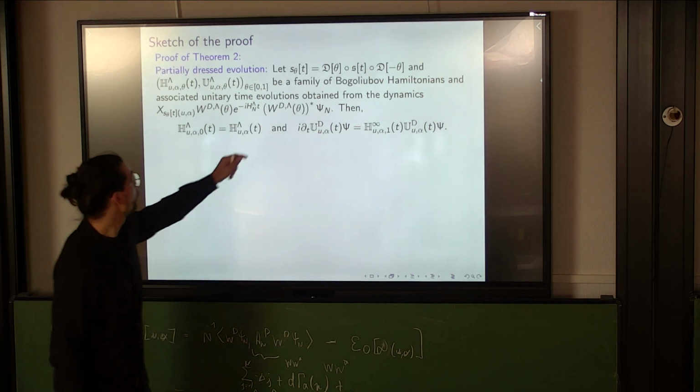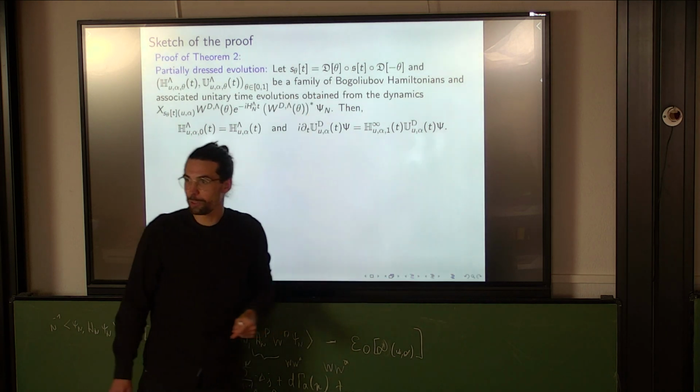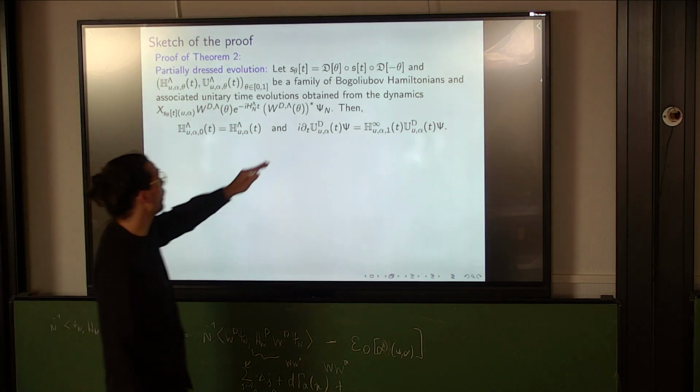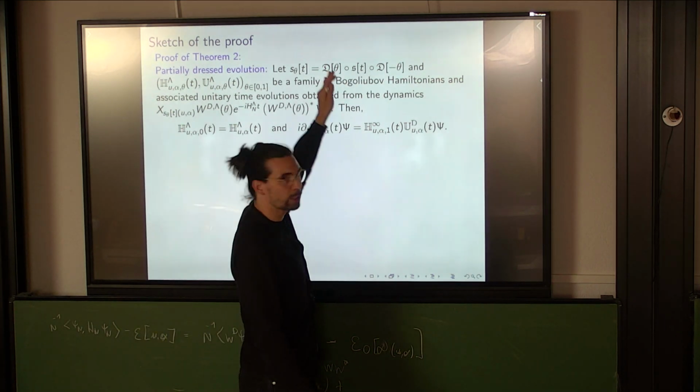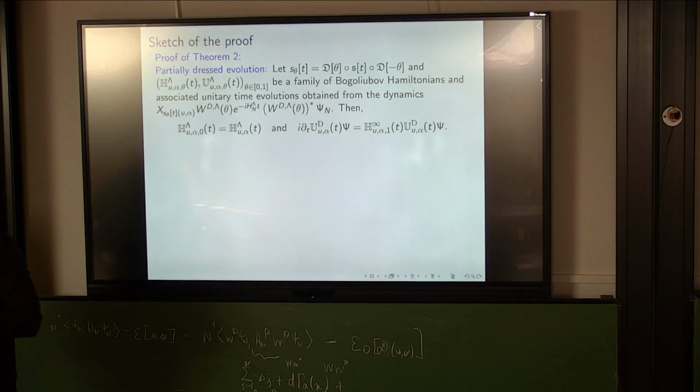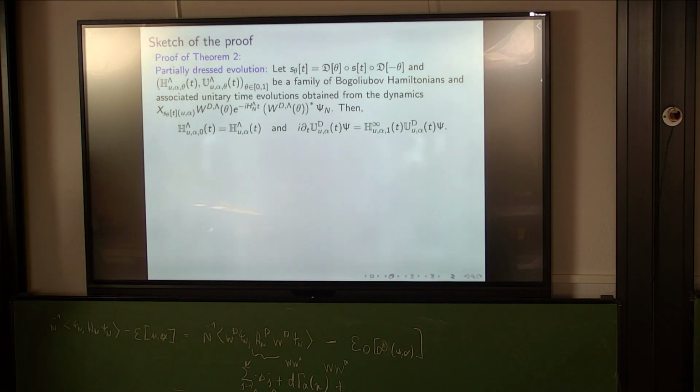So I introduce a partially dressed mean field dynamics, which is obtained by the Schrödinger-Klein-Gordon equations and the mean field equations for the dressing, but I don't dress until 1, but just until a parameter theta between 0 and 1.